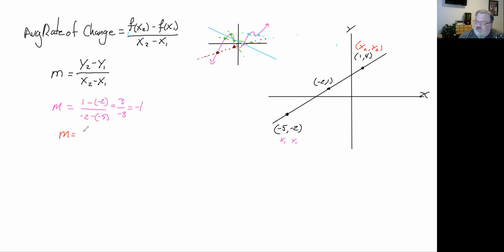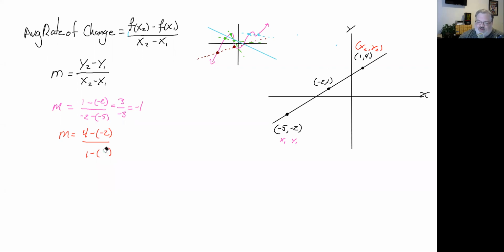So it would be, what, this time it would be 4 minus -2, and use the right one, and 1 minus -2, right? 4 minus -2, and 1 minus -5.